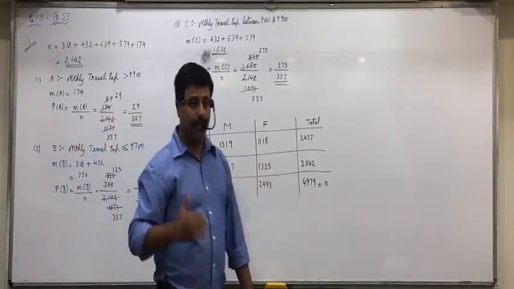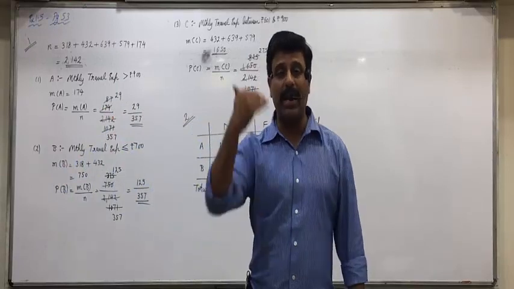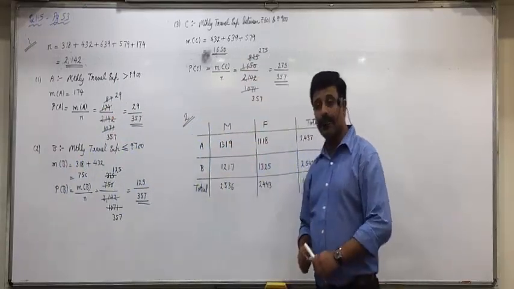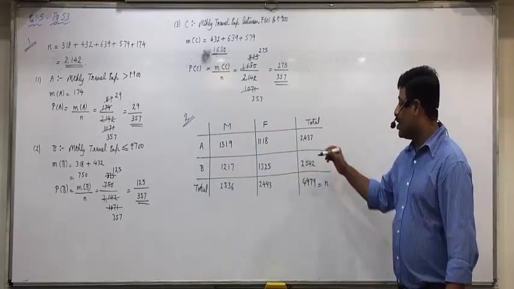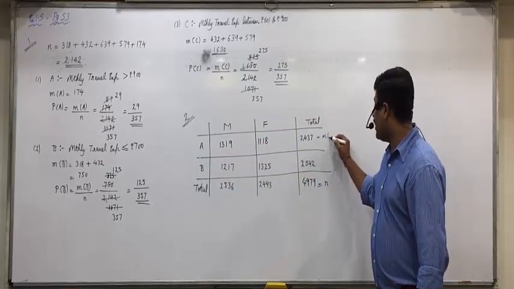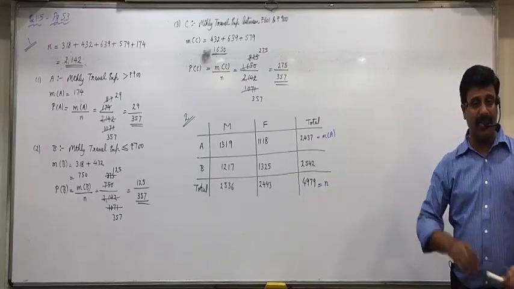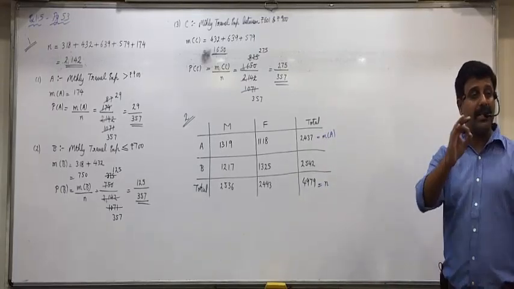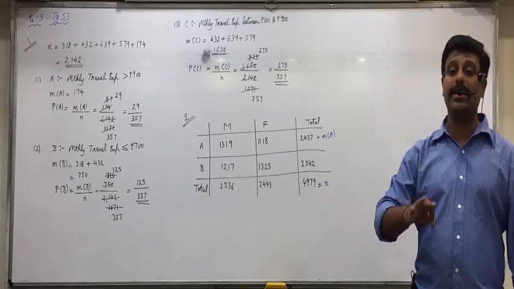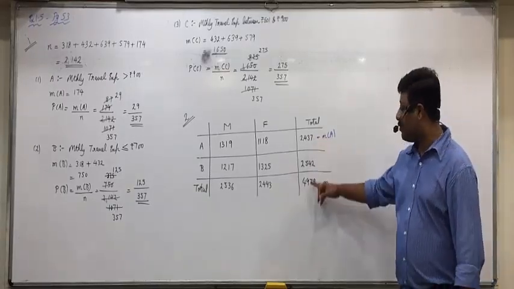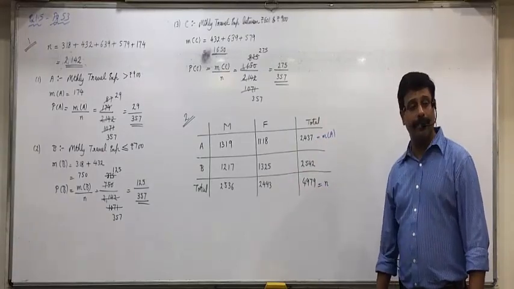Now if I ask you, what are the total number of favorable outcomes for supporter of party A? 2437. So can I say it is M of event A? Yes. Any doubts with this? So if you are asked a question, what is the probability that the voter is a supporter of party A? Your answer will be 2437 upon 4979.